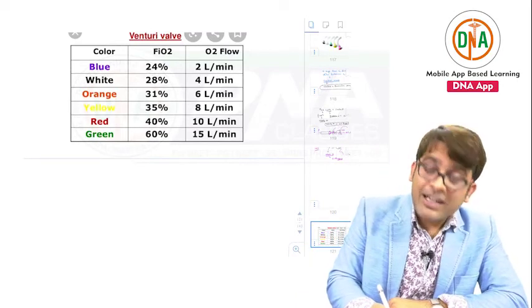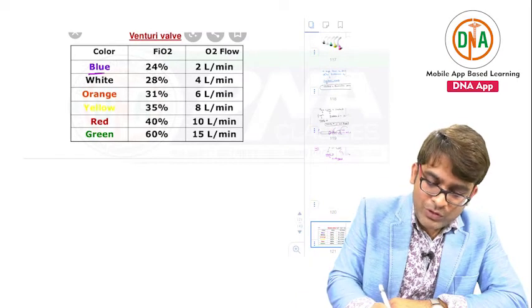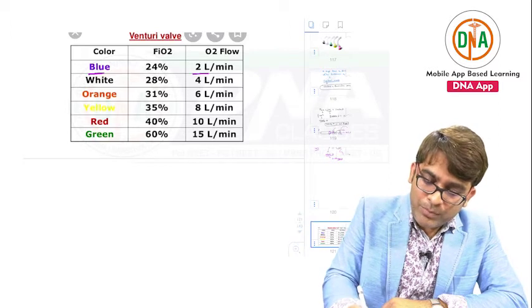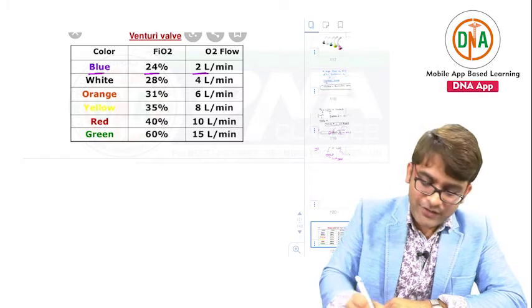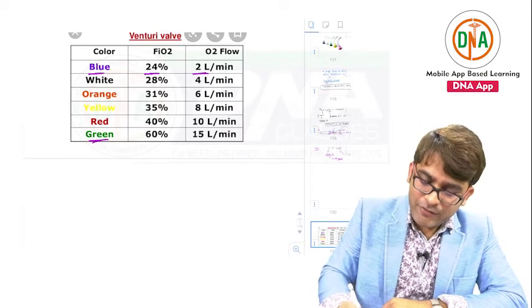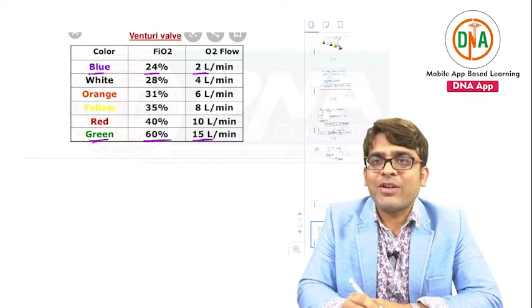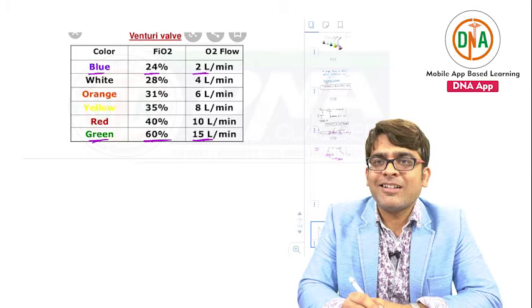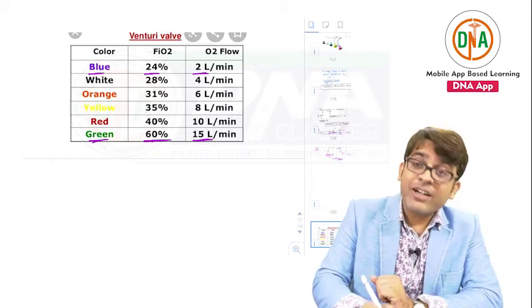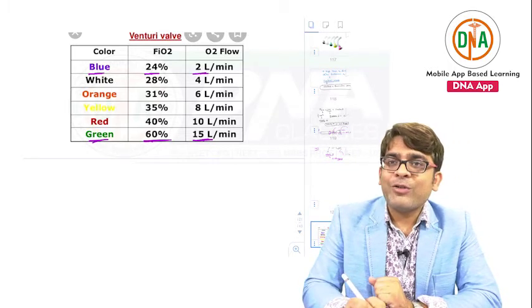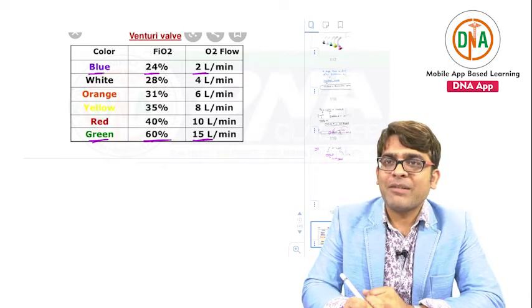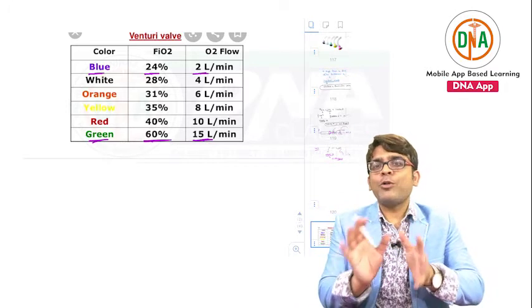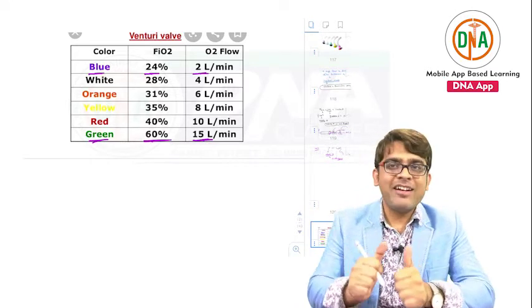If the color of the Venturi mask is blue, at 2 liters per minute it will give only 24% FiO2. If the color is green, at 15 liters per minute it will give 60% FiO2. And different colors are created according to different diameters of constrictions. Getting my point? So this is how beautifully this mask is designed.